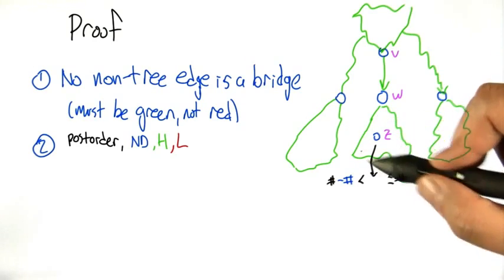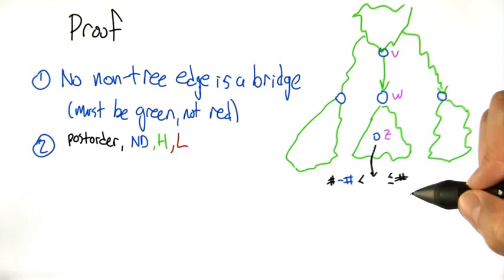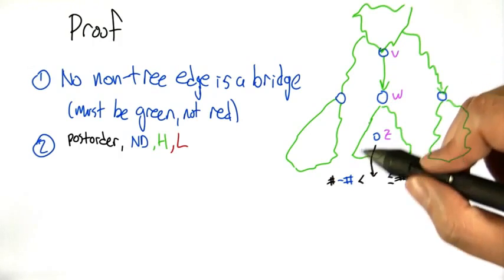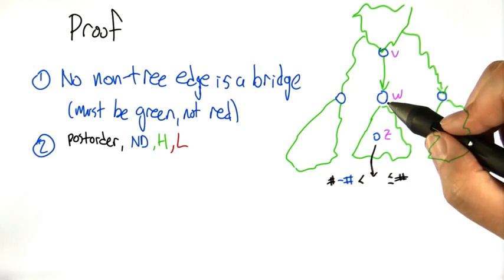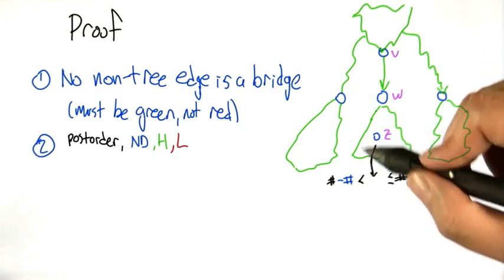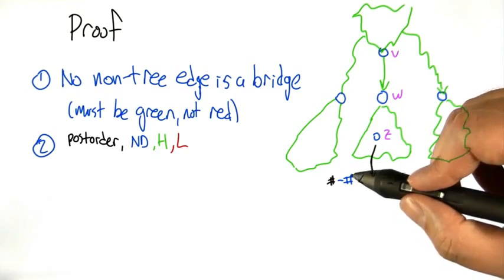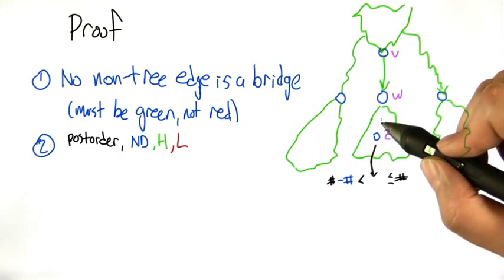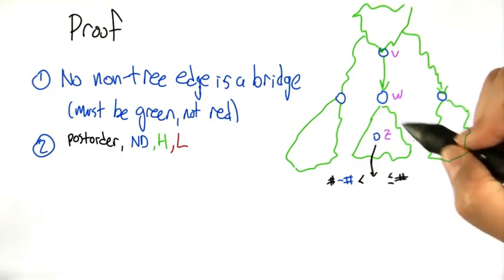The post order number of everyone in here has to be less than the post order value of W. But the numbers in this set are all contiguous, all in order, and the total count of numbers in this set is the number of descendants. So black minus blue is one smaller than the smallest number in this collection.